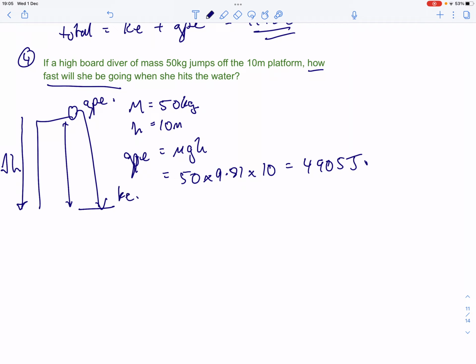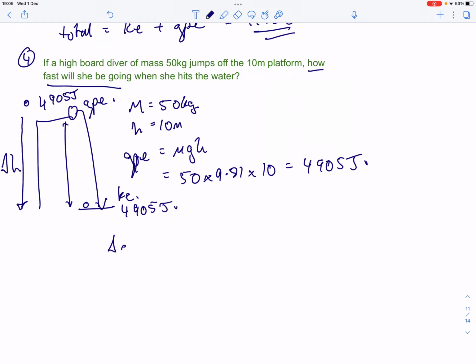And because of energy conservation, and this is a point that a lot of people miss, if she has 4,905 joules of gravitational potential energy up here, she will also have 4,905 joules of kinetic energy down here. Because up here at the top, she has 0 kinetic energy, and therefore all of it was gravitational. And down here at the bottom, she has 0 gravitational potential energy because it's all been lost in her fall, and therefore all of it must then be kinetic energy.